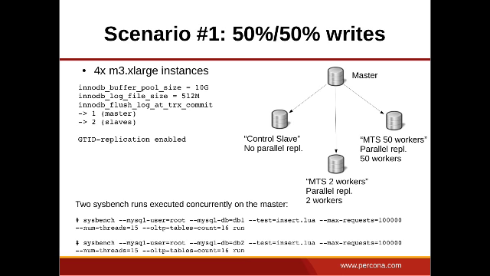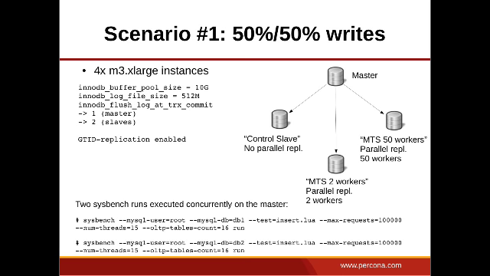And then I have 2 other slaves, one with 2 parallel workers, which is logical because we have 2 databases, and another one with 50 parallel workers. The idea of the slave with 50 parallel workers is to see if having many more workers than databases could introduce some performance degradation.